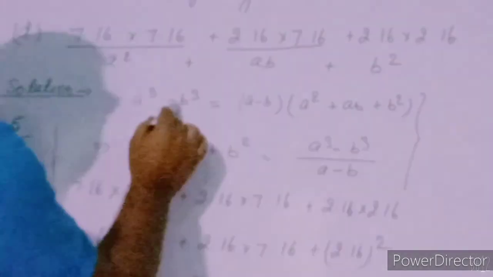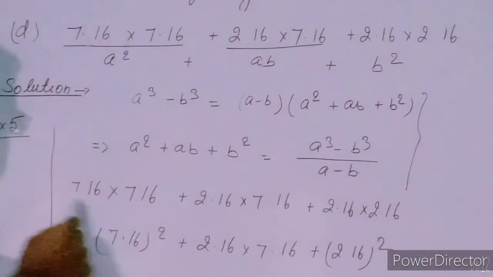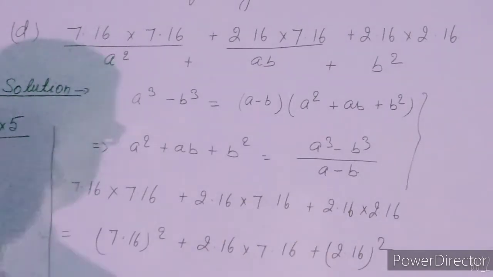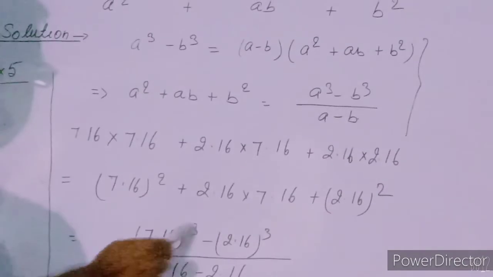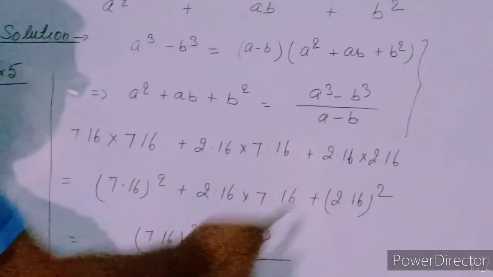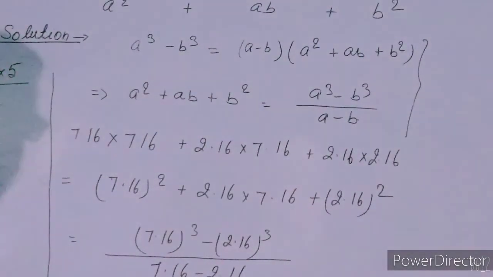I wrote (A³ - B³)/(A - B). Here we have the expression A² + AB + B², so this became (7.16)³ - (2.16)³ divided by 7.16 - 2.16.